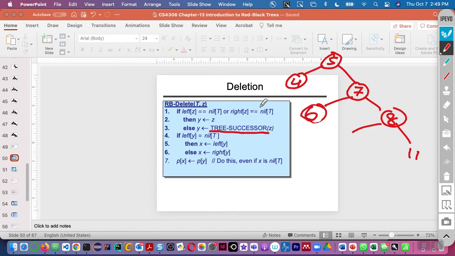Okay. So here, for instance, if you want to delete G, then if the left child is nil or the right child is nil, that means it is a leaf node. Okay, then here this is G and this is the Y value.